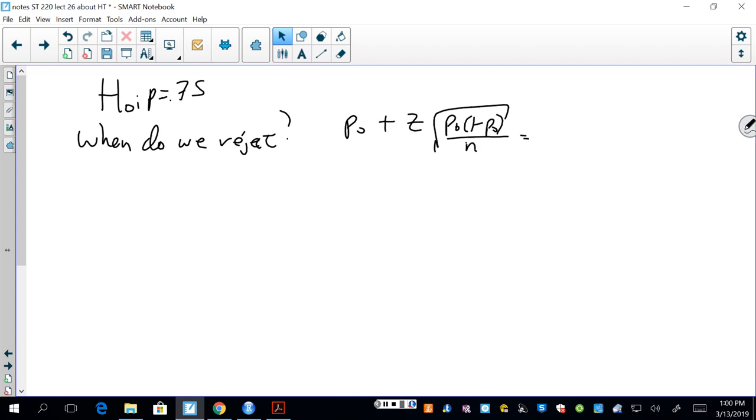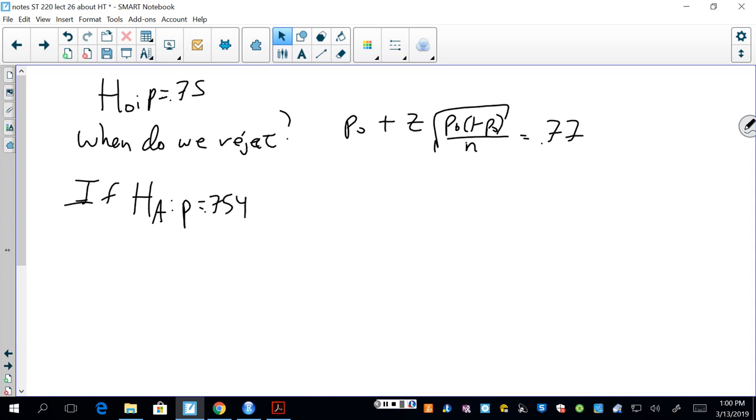And that ends up being 0.77. If the alternative really was where our data said it was, 0.754, so it is bigger, what's the probability we would be greater than 0.77 if that were the truth? What's the chance we would reject?